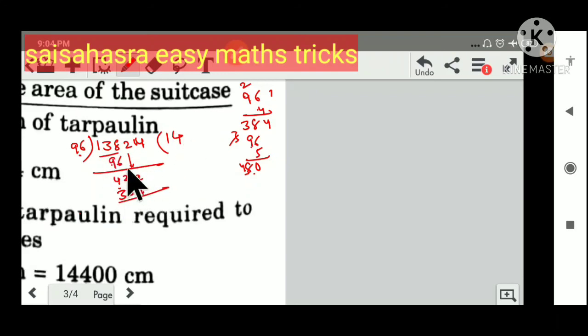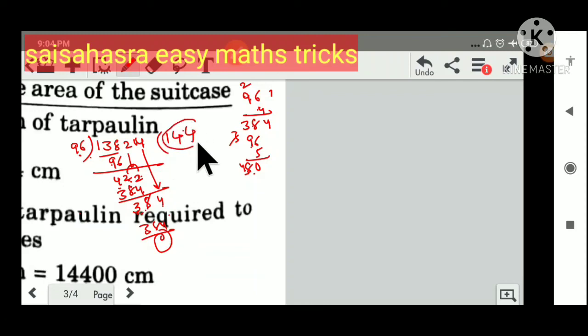2 minus 4 is not possible. Borrowing, 12 minus 4 is 8. Here 1 is left, so 4 minus 1 is 3, and 41 minus 38 is 3 only. 38 is not divisible by 96, so take down one more digit, that is 4. 384 is exactly divisible by 96, because 96 four times is 384. 0 remainder.